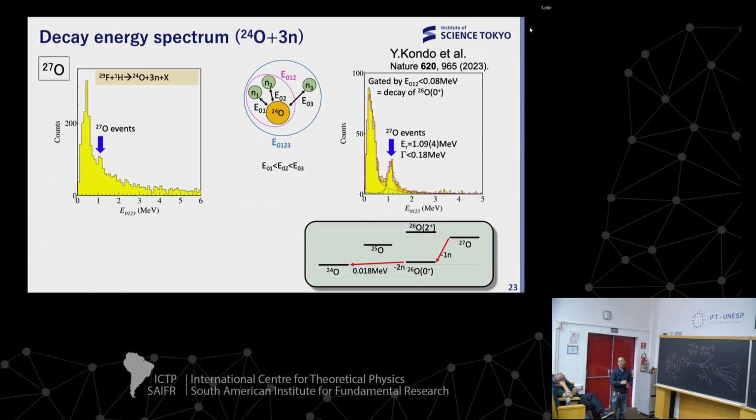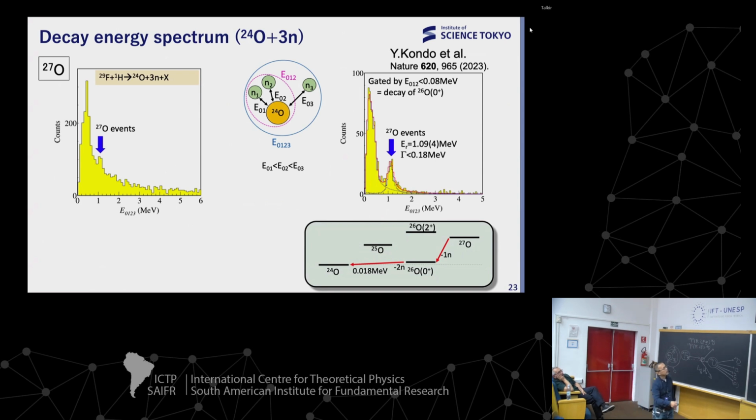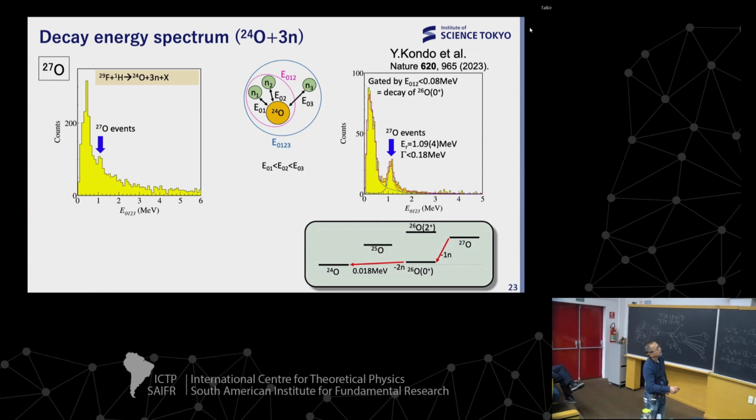Of course, there is a possibility that it can decay through oxygen 25, but this is not occurring. And there is also a possibility that oxygen 27 decays directly to oxygen 24, what is called democratic decay.